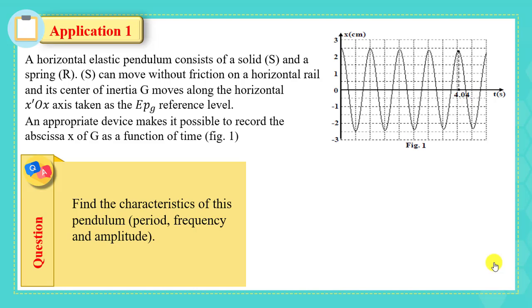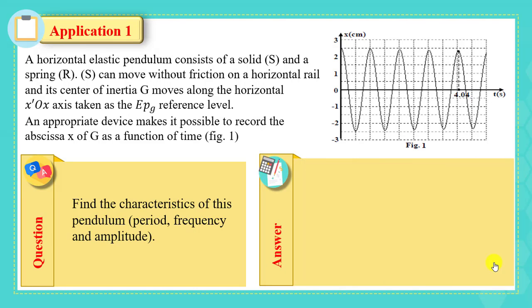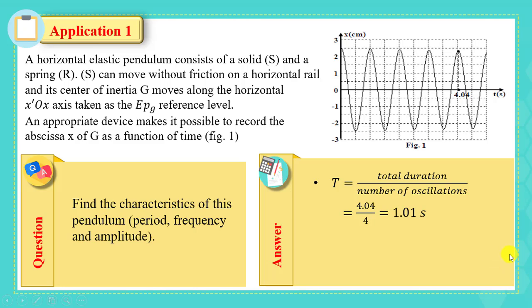Starting with the period, which is the total duration over the number of oscillations. Let's take 4 oscillations because it is indicated in the graph. Then divide the time taken by 4 oscillations, which is 4.04, by 4, and the answer is 1.01 seconds.